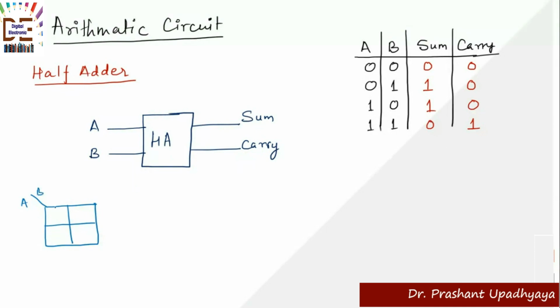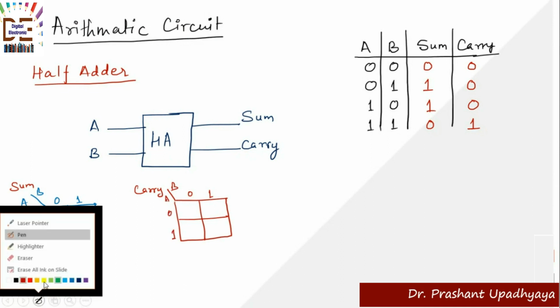Now if I try to draw this with the help of a K-map, I will write A here, B here. So this is 0, 1, 0, 1. I will draw a K-map for the sum, and then a K-map for the carry. Now I am going to put these values.